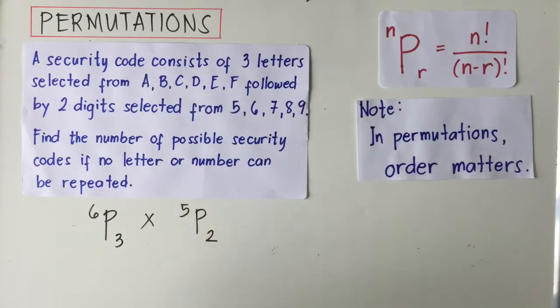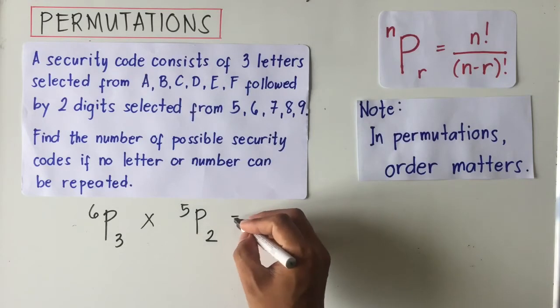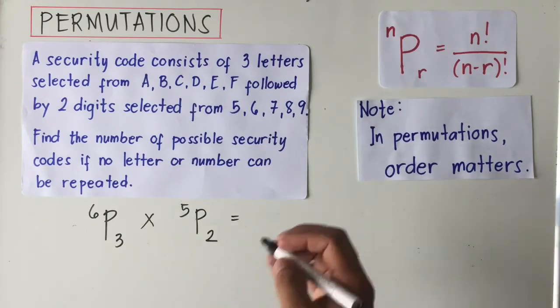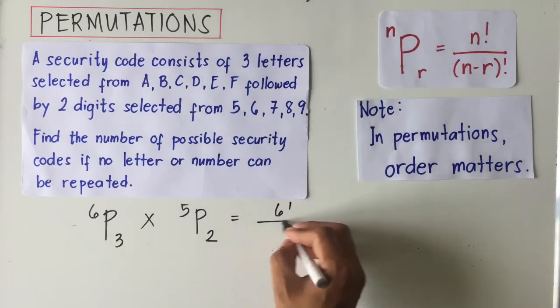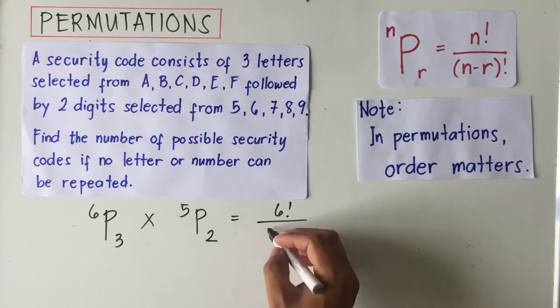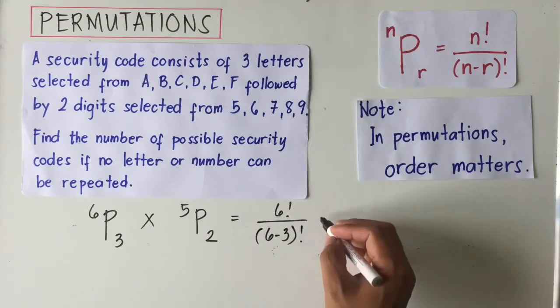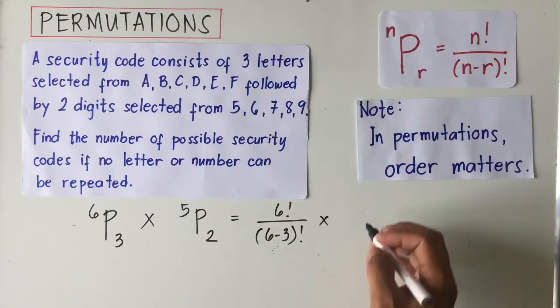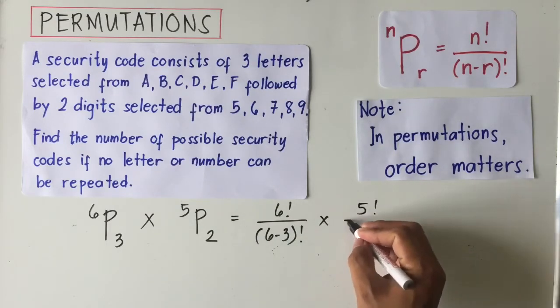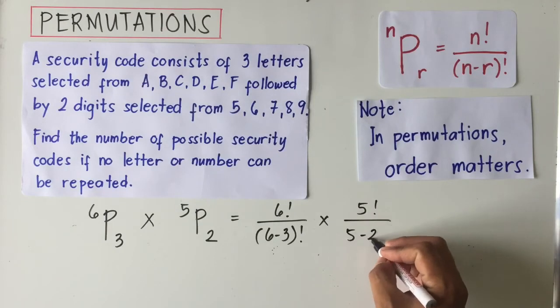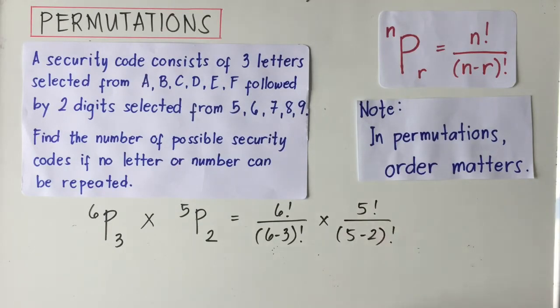So 6P3 times 5P2. It means I'll get 6 factorial over 6 minus 3 factorial multiplied by 5 factorial over 5 minus 2 factorial.